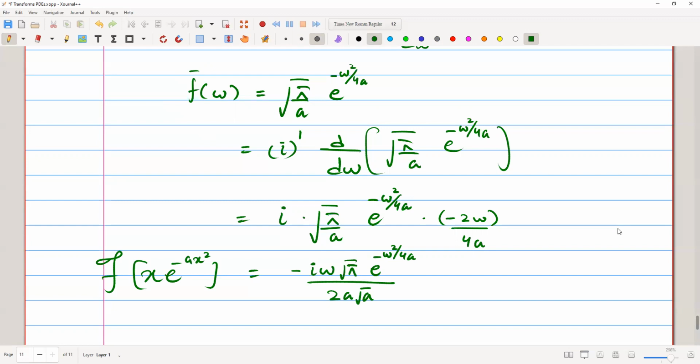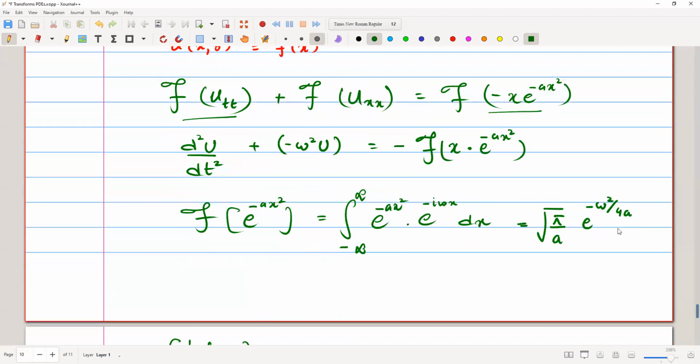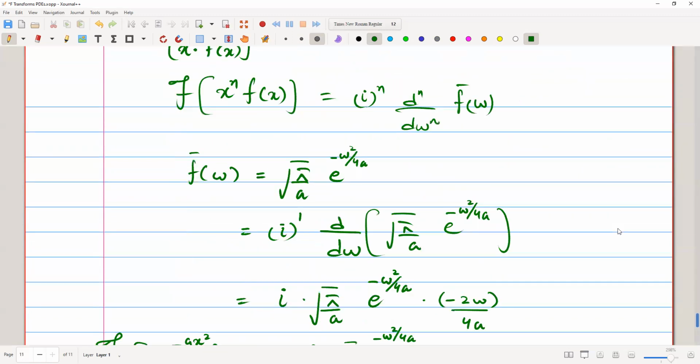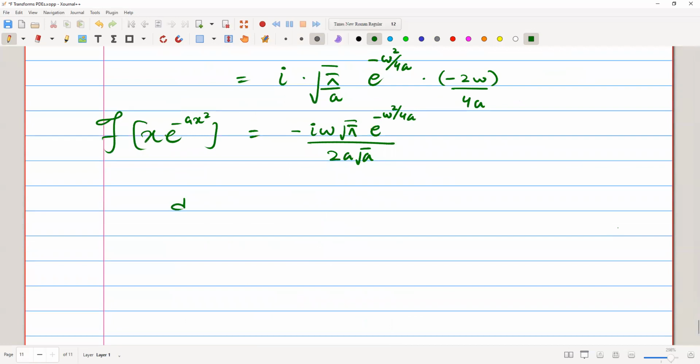And here we already have the negative sign outside, so it will become positive. So now the equation we have is d squared u over dt squared minus omega squared u equals iota omega, and we should write here square root of pi over a divided by 2a, e to the power negative omega squared over 4a. All right.